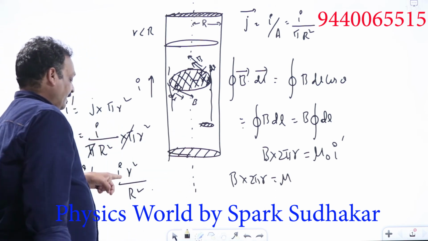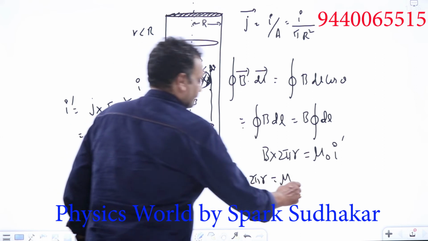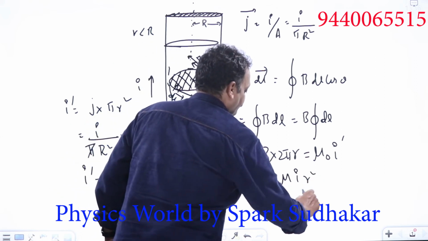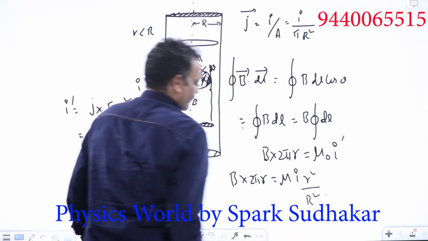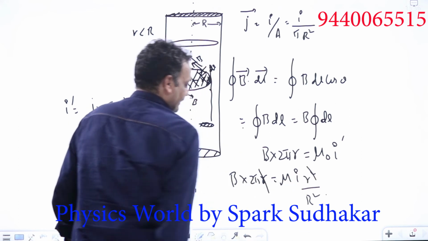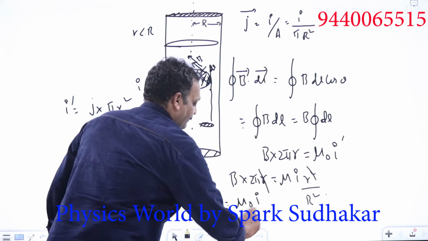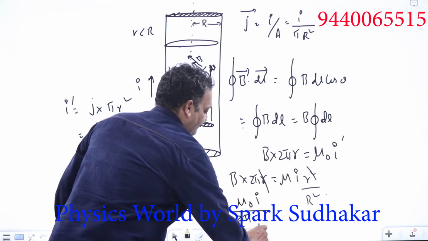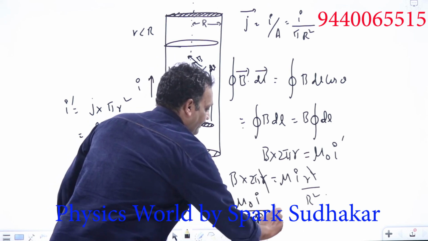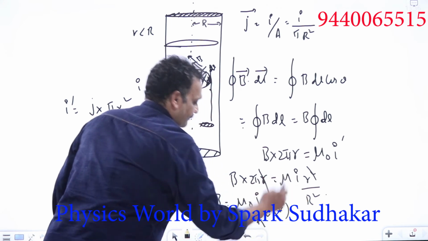I dash is nothing but I into small r square by capital R square. This small r gets cancelled. So B equals mu naught I by 2 pi capital R square into small r. The small r will remain here.